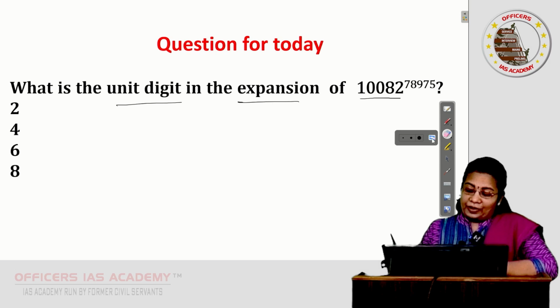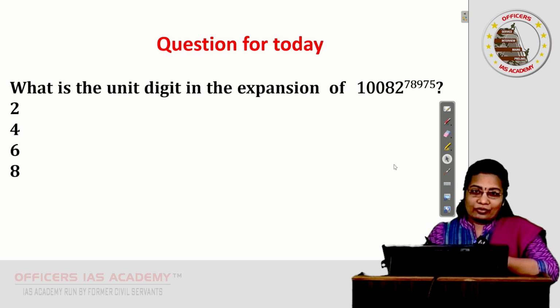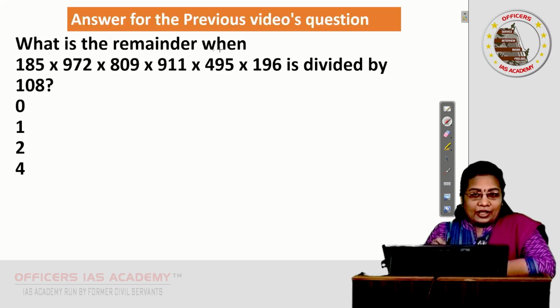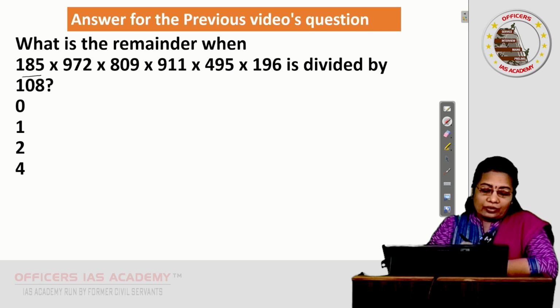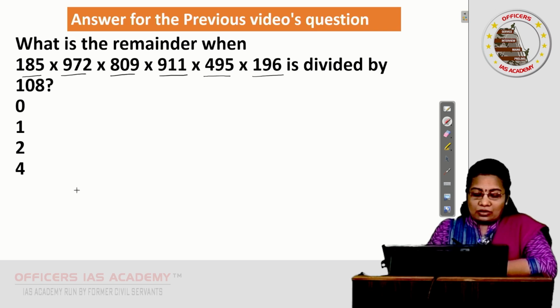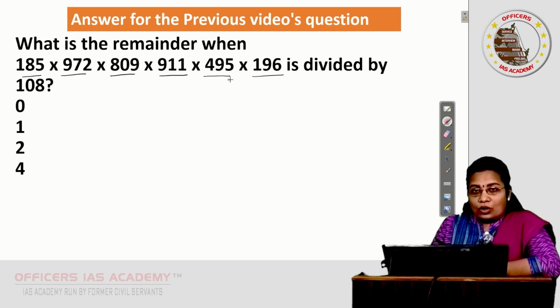Now the previous video's question explanation for you. What is the remainder when the product of 185, 972, 809, 911, 495 and 196 is divided by 108? This question was given from the remainder theorem based on the previous video.